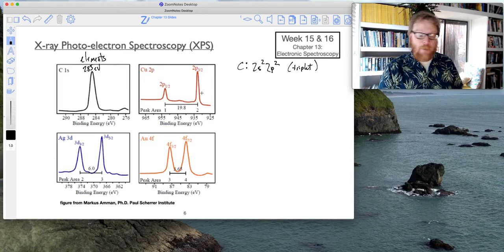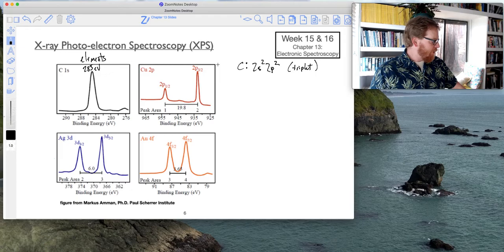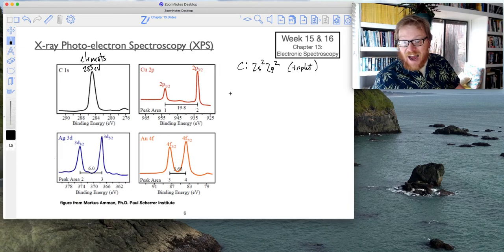But what about copper? Well, copper, if you recall, its electron configuration should be 4s2, 3d9. But what ends up happening with copper is it's 3d10 4s1, and that is a doublet state.